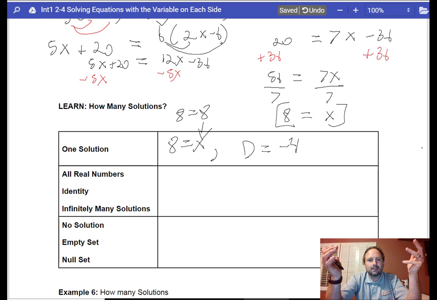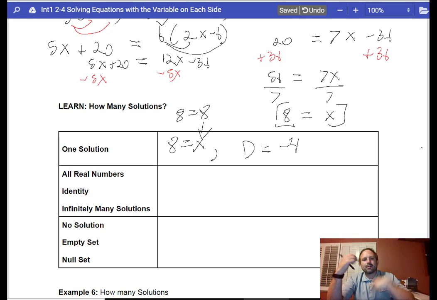That's it. Now, the next part right here, if we solve this equation and we got something for all real numbers, identity, infinitely many solutions. I don't really like infinitely many solutions because it's not really that. We'll explain that more when we get into inequalities. But for this, all real numbers or an identity equation.